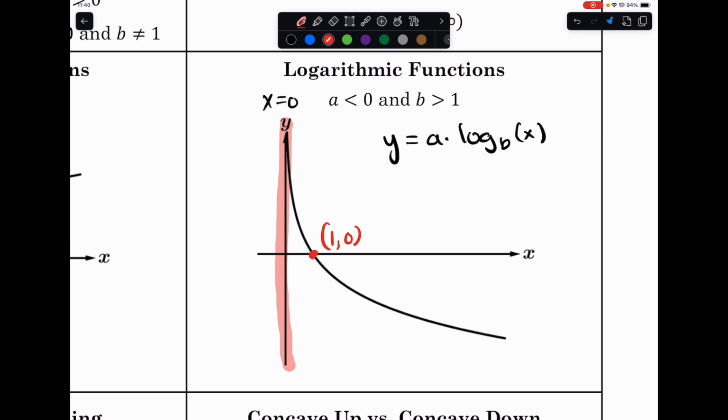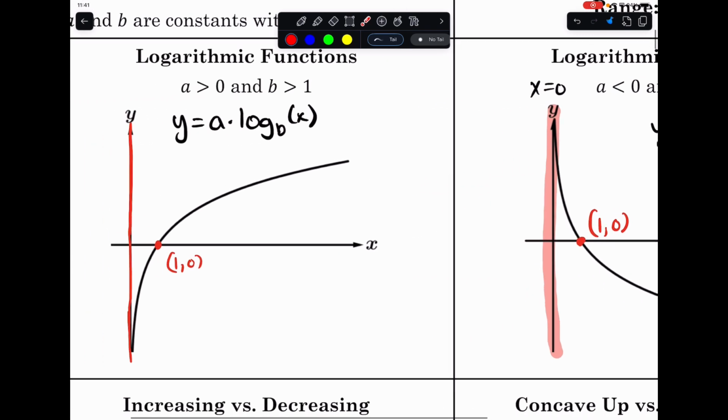That makes perfect sense, because the only way x can equal 1 is if this entire thing equals 0, because remember from the previous lesson, log base b of 1 always equals 0, since b to the 0 power is the only way. Again, our base has to be raised to a 0 power in order to equal the value of 1. Okay, so this is the difference between having a negative value of a and, over here, a positive value of a.